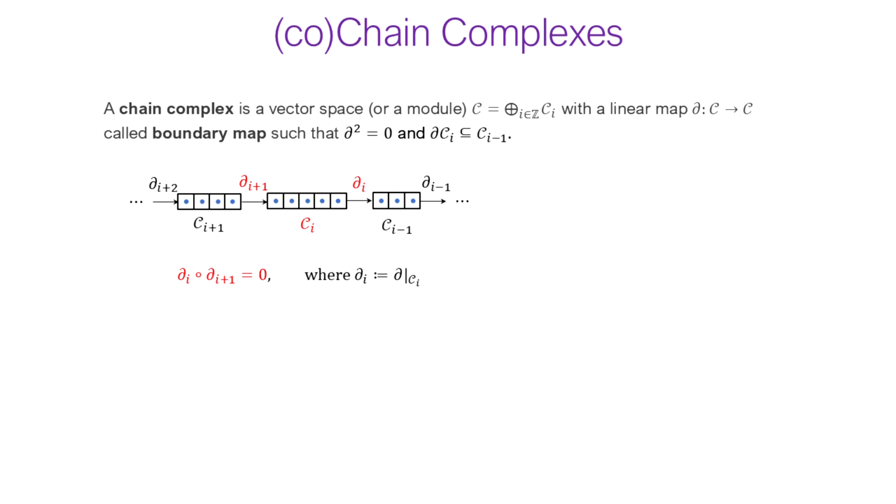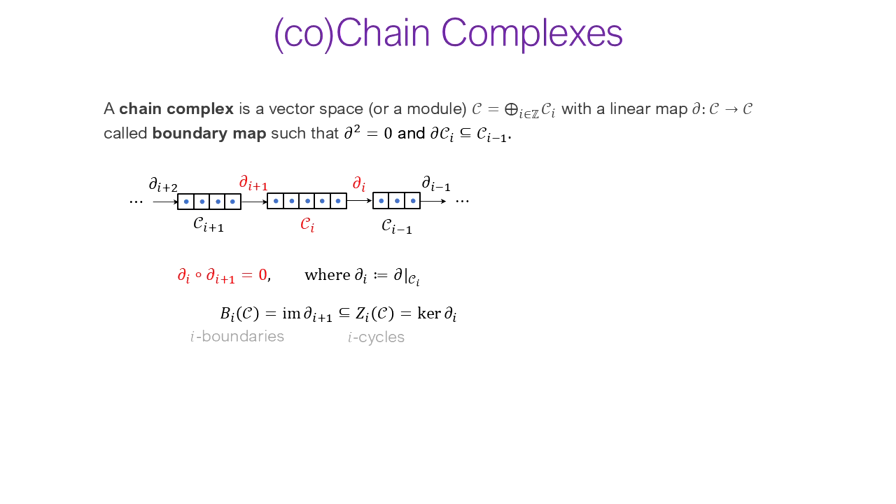This is a condition we need to satisfy. From a coding theoretic perspective, the common way is to consider this matrix as a generator matrix and this matrix as a parity check matrix. This condition just says that the code generated by this generator matrix is a subcode of the code that is checked by this parity check matrix.